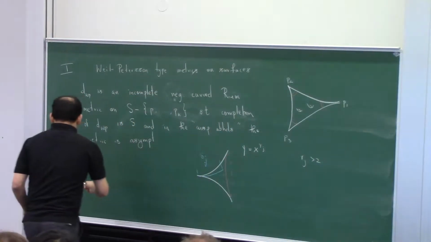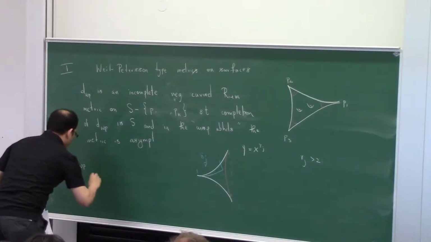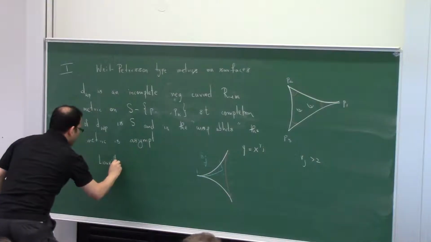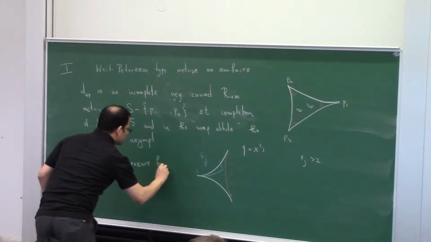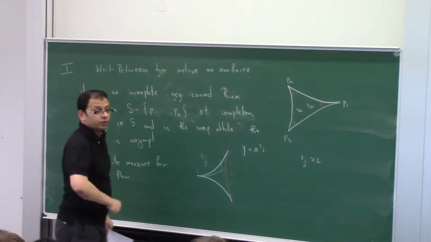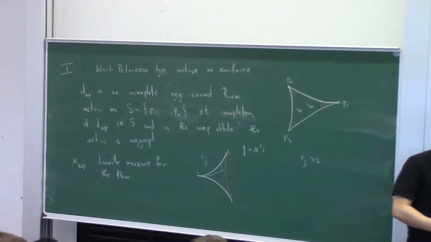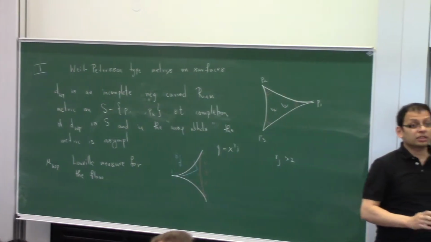Okay, so there is a Liouville measure for the flow, WP. So this is the Liouville measure. I first need to explain why there is a flow. There are certainly geodesics that crash into these cusp points in finite time, but that's a measure zero set.